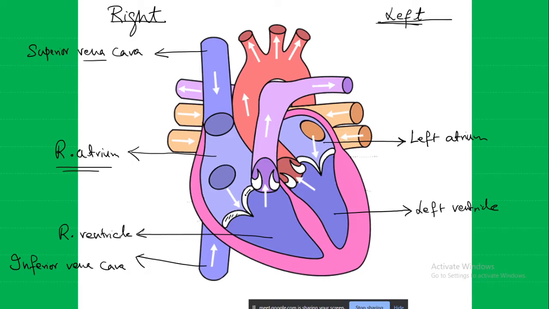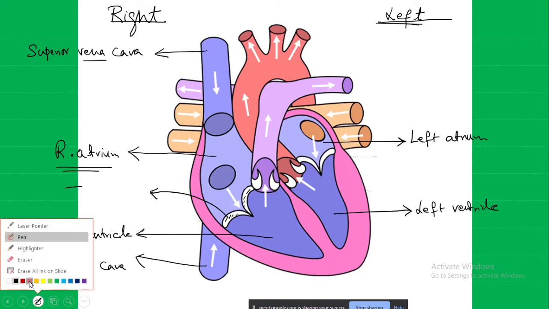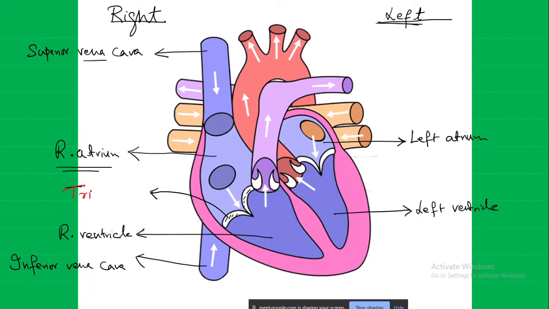The valve here is the tricuspid valve. This one we are going to compare with the valve between the left ventricle and left atrium, which is known as the bicuspid valve.